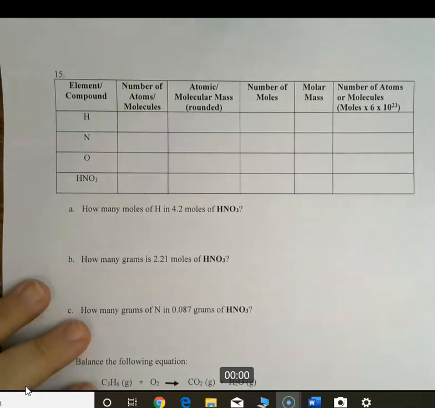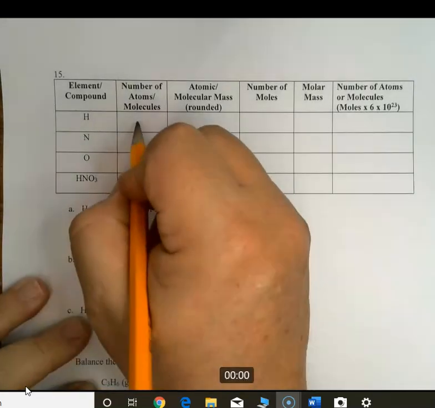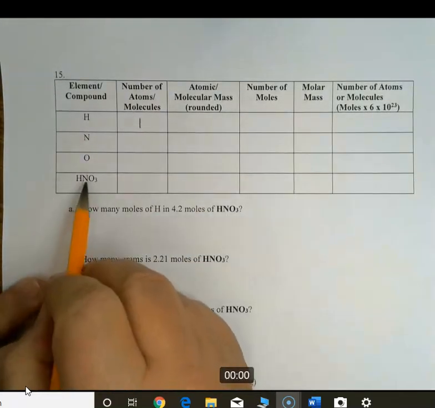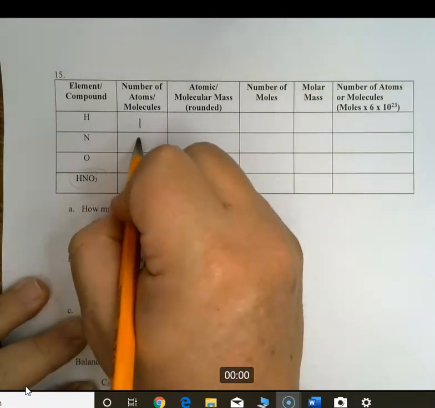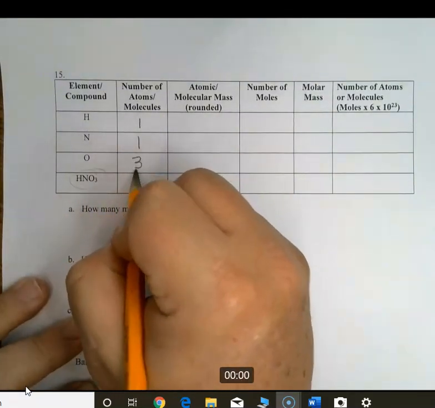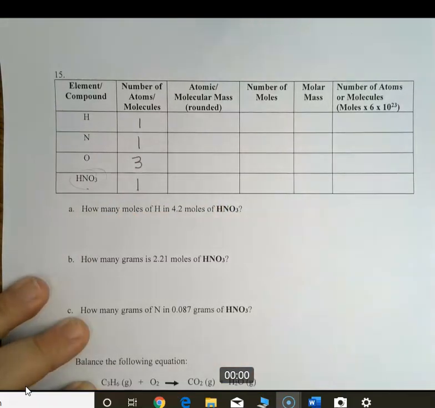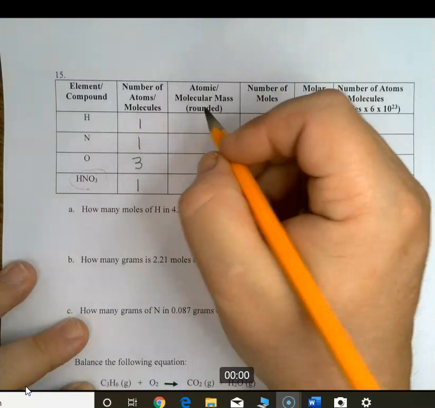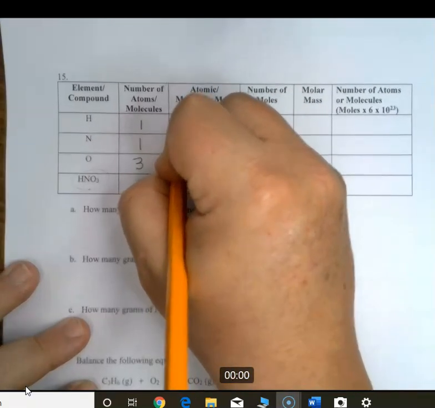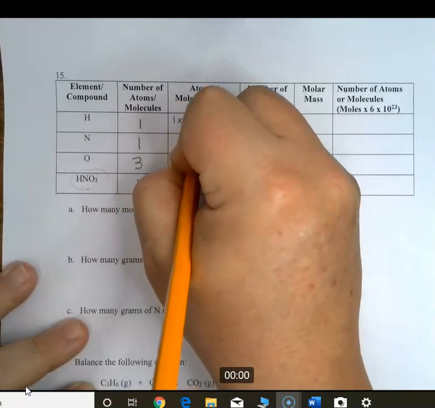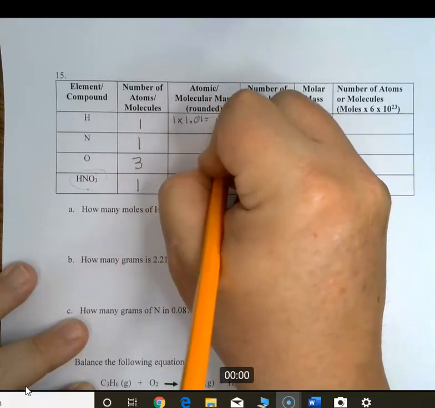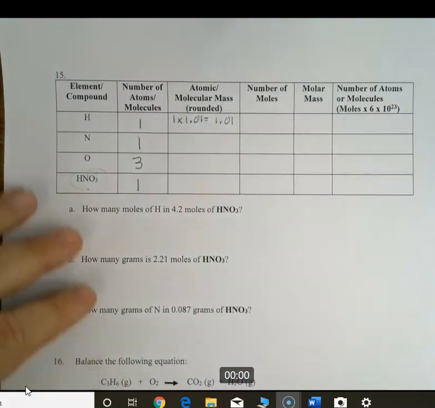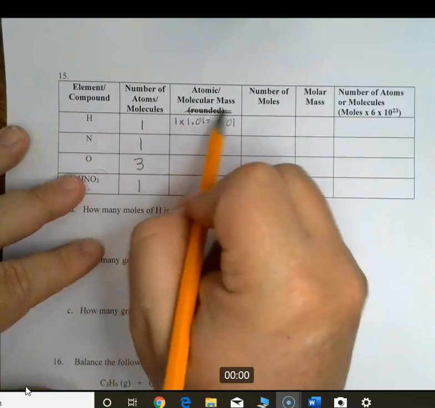So in HNO3, number of atoms or molecules, we have 1 hydrogen. We're looking at this formula right here. We have 1 nitrogen and we have 3 oxygens, and that gives us 1 molecule of that compound. The atomic mass is 1 times 1.01, which equals 1.01. It says rounded, but we don't do rounded anymore, so I'm going to scratch that.